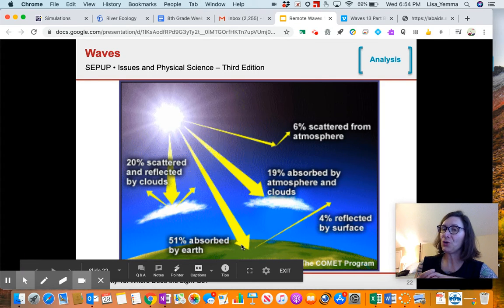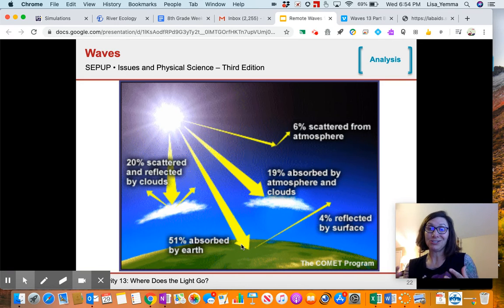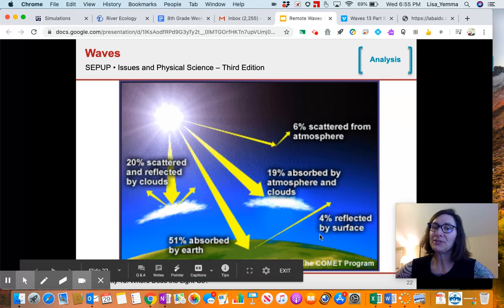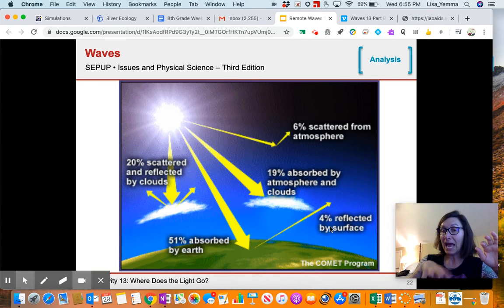Which part of the Earth absorbs the most? Land, water, liquid water. Liquid water, when you look from space, it's dark. Land, when you look from space, those rocks and the soil, dark. That 4% that gets reflected is really important. We can't absorb everything. Of that 51%, what is happening to the absorption rate?